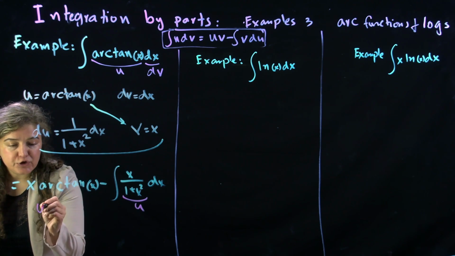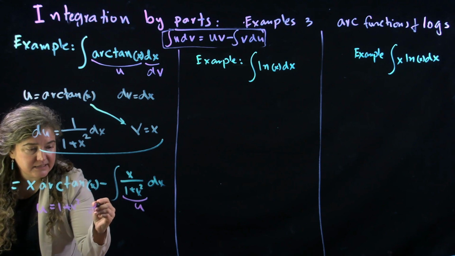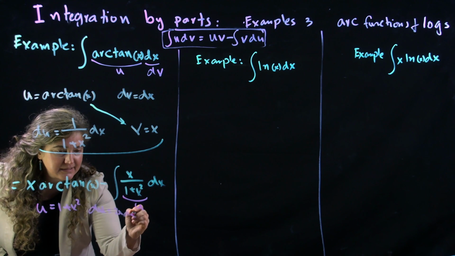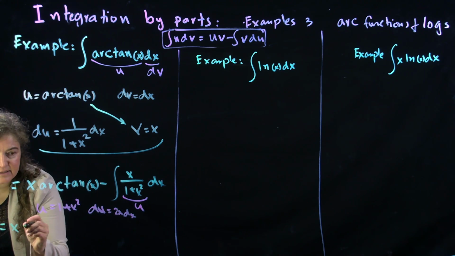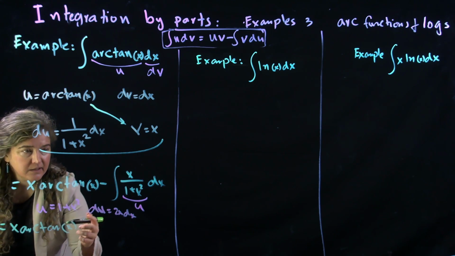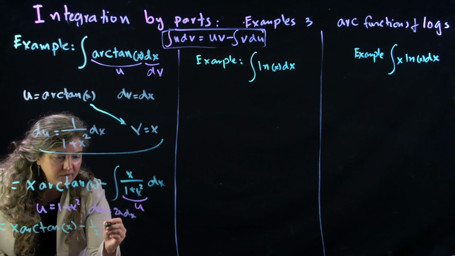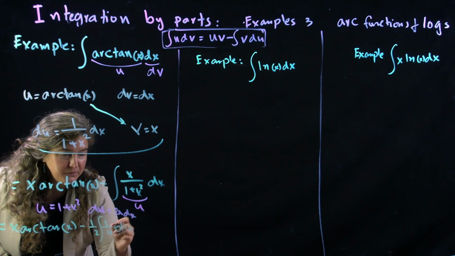If I do u equal to 1 plus x squared, then du is going to be 2x dx. So this integral becomes x arctan of x minus 1/2 of the integral of 1 over u du.